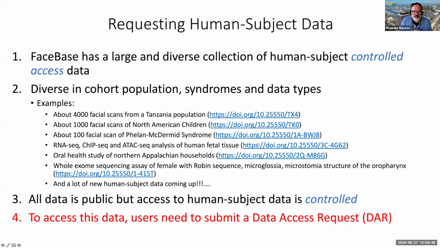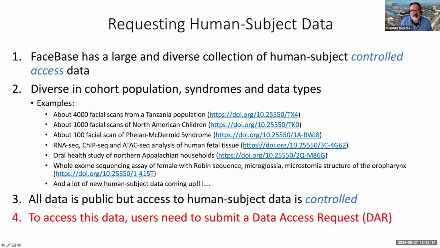We have a large collection of statistical and questionnaire data, oral health data from Northern Appalachian households. This is a very broad study that has followed all these households and collected very rich data, and it's very well organized. We have a very large number of data sets of whole exome sequencing of very, very precise cases.